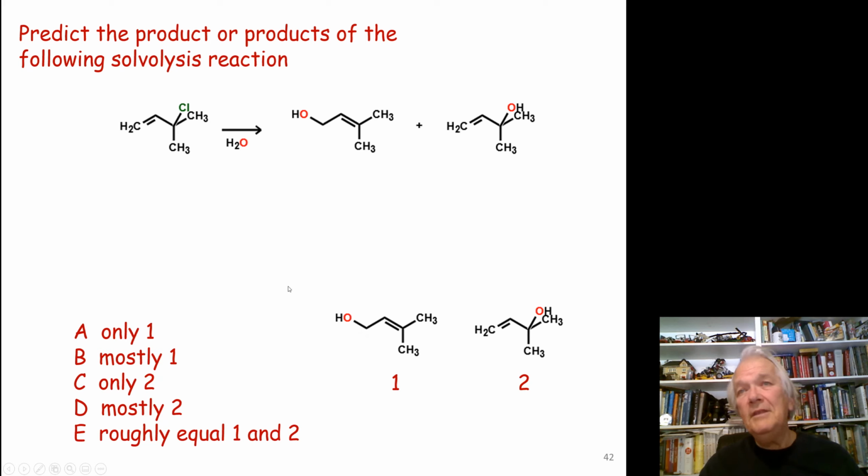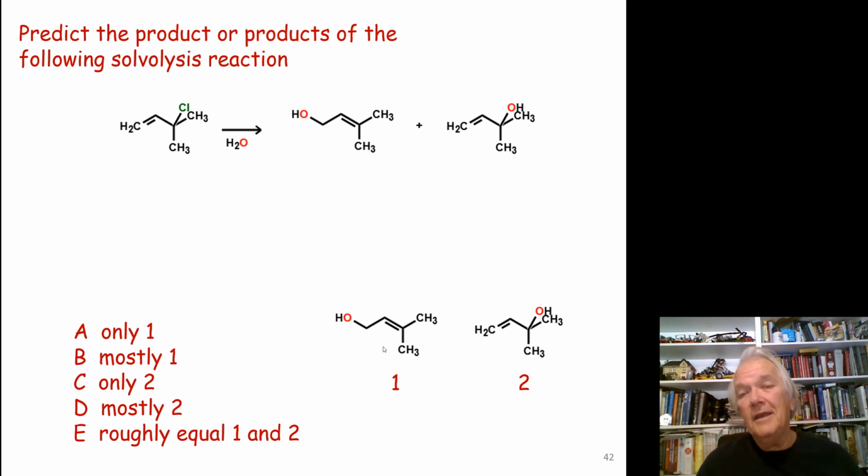Well, in the final result, if it's driven by thermodynamics, you're going to make the most stable molecule. Which of these is the most stable? Well, one is the most stable. So the most logical conclusion is you're going to get 1 and 2, and 1 is going to predominate, but is it going to predominate completely?